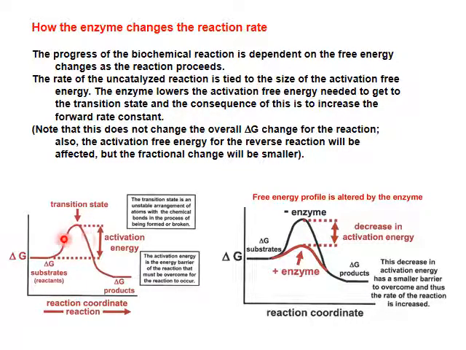As the reaction proceeds and we form an enzyme substrate complex, that substrate will undergo some chemical reaction in the active site of the enzyme and will form a transition state. And that transition state is stabilized by the enzyme.